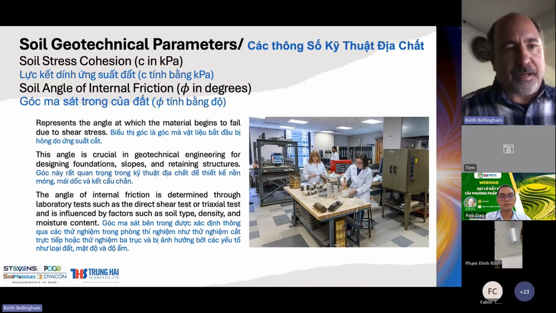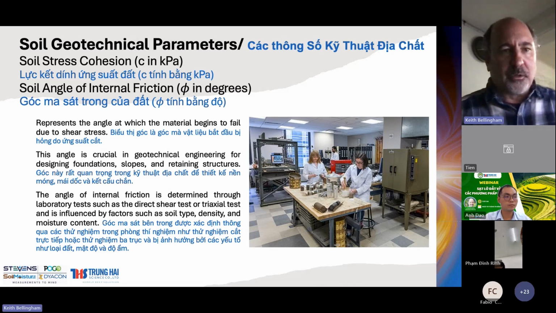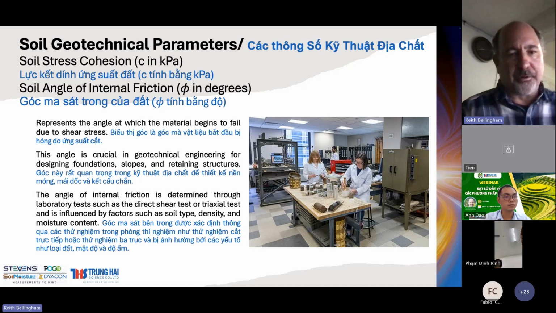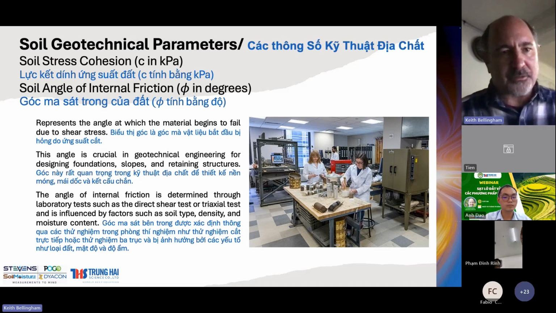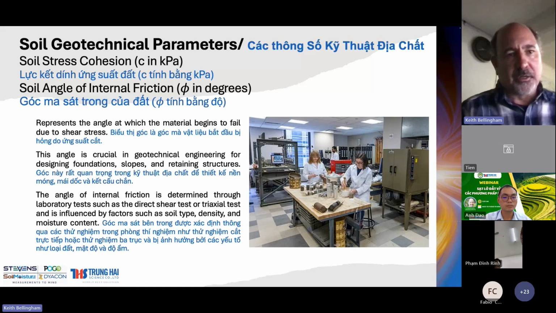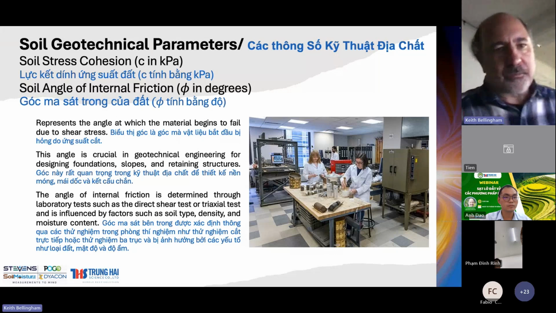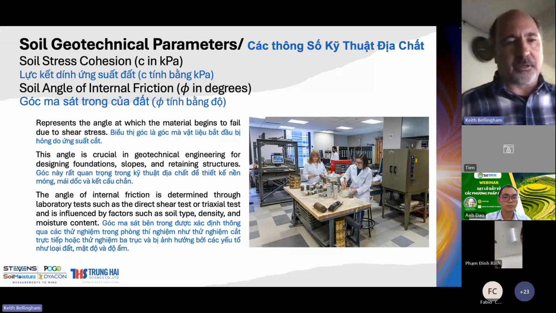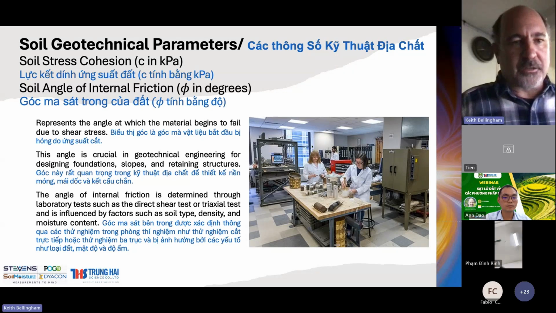They have to do with how well a soil holds its shape under a stress. That's the angle of internal friction, and the cohesion is how much the soil is held together as an undisturbed core. And these tests are standardized.